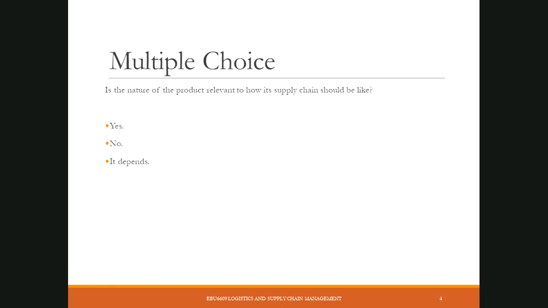Yes or no? Okay. Quick question again. I want to know whether, in your mind, for this particular exercise, the nature of the product, like it's peanuts, it's not computers, it's not laptops, it's not your mobile phone, has a very important influence on how your supply chain should be.